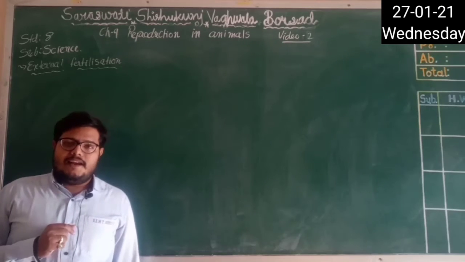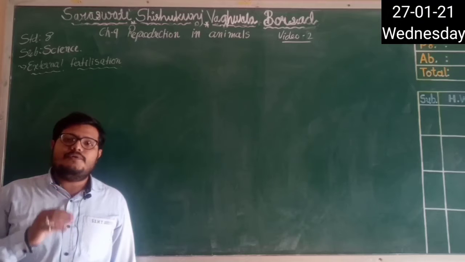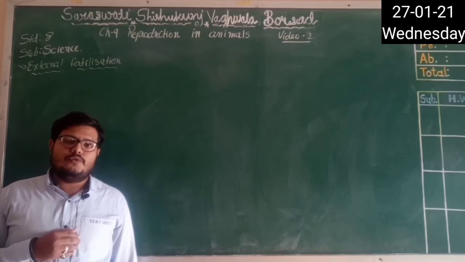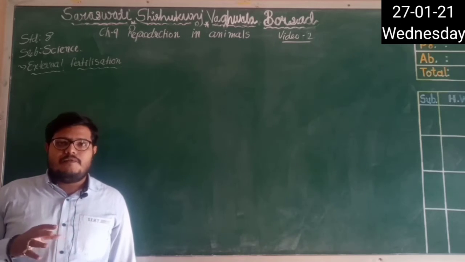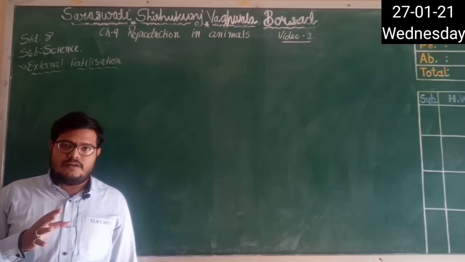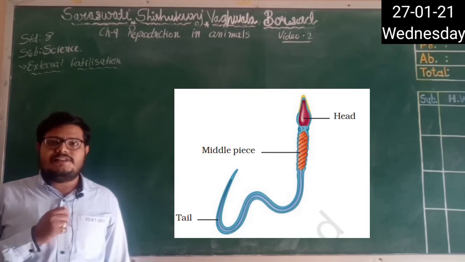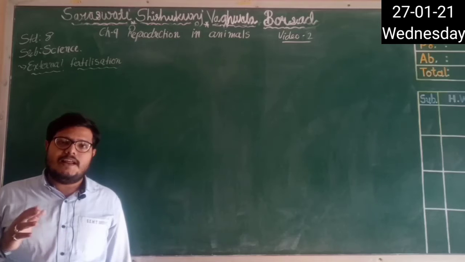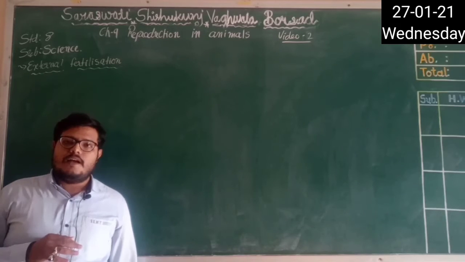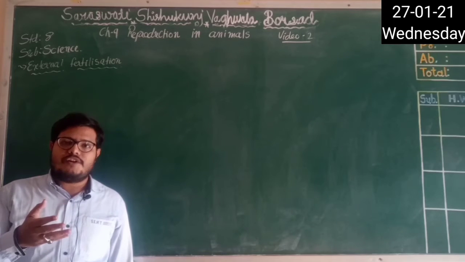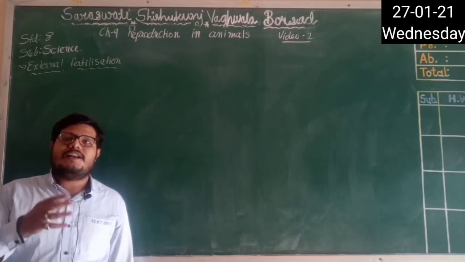As the eggs are laid, the male frog will deposit sperm on those eggs. Each sperm will move randomly inside the water with the help of its tail. We have studied the structure of the sperm, in which this tail is included. So with the help of the tail, the sperm moves randomly. When the sperm comes in contact with an egg, fertilization takes place.